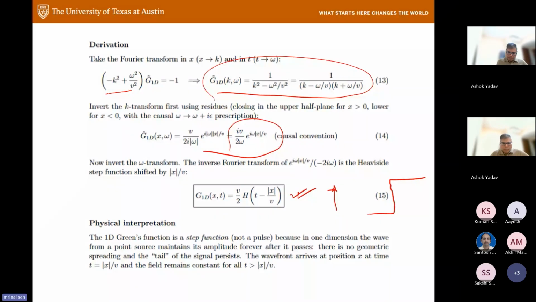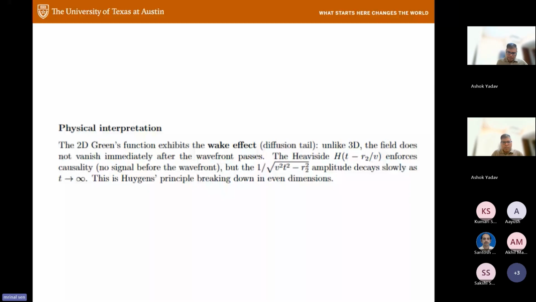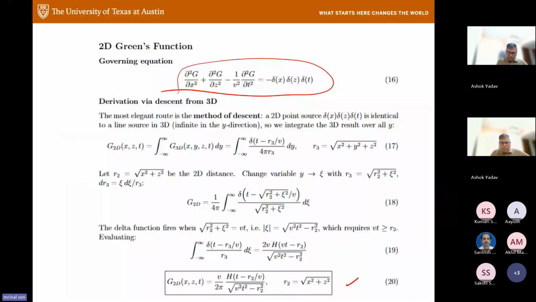Now we go to 2D. In 2D, everything is the same. Algebra is the same. Only thing is that when you do the Fourier transform, at the end, you get a solution that looks like this. And here, what we have is quite interesting.